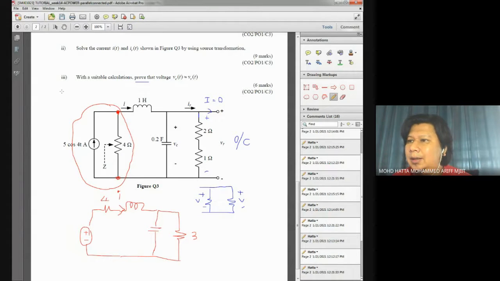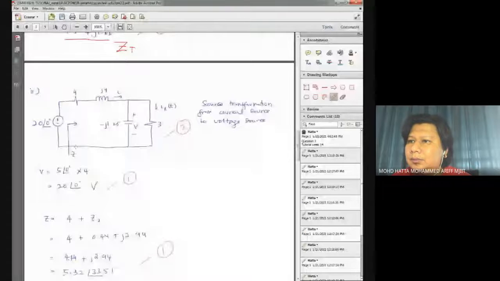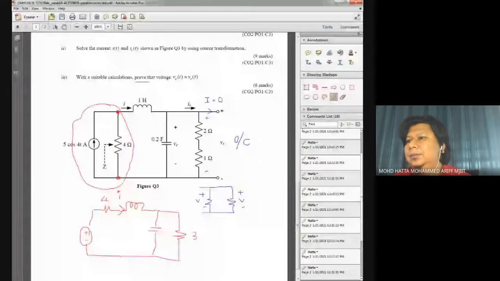If you look here, we convert the parallel connected current into a series connected voltage and resistor. Let me check the value over here. Is it 20? Should be 20. 5 times 4.